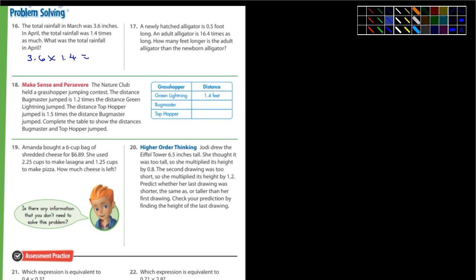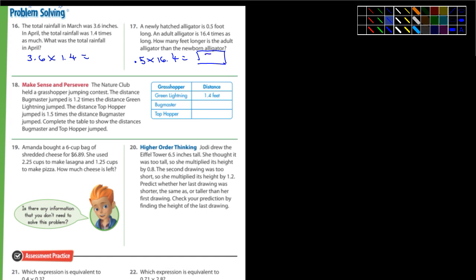Okay. So it's going to be 0.5 times 16.4 equals, and that's going to give you a number, and then whatever that number is, in fact, I'm just going to call that number z.